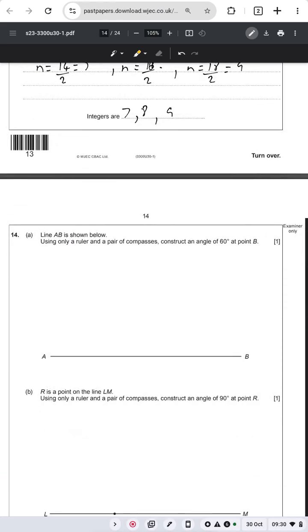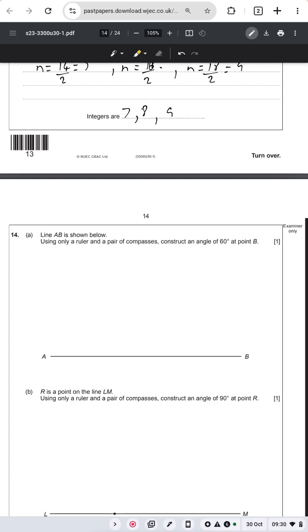This question I'm going to struggle to do on this tablet because I don't have a compass that would work on it, so I'll just talk through what we would do. Using a ruler and a pair of compasses, construct an angle of 60 degrees.